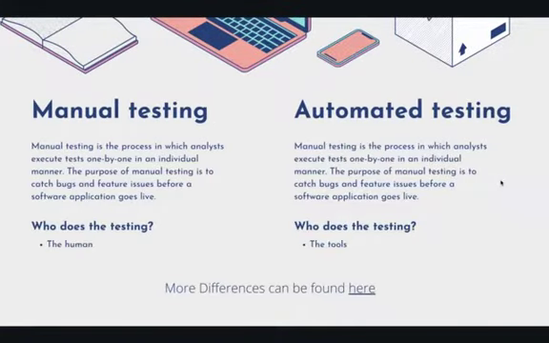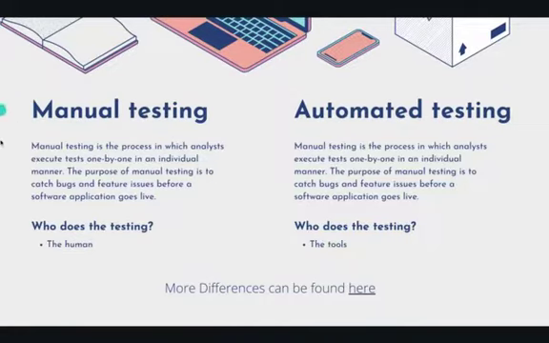Okay, so the first comparison for today will be between manual testing and automated testing. To define manual testing, this is the process of testing manually. So an end user can create his own script, or can maybe test the user experience of some software by hand. So this is not automated.